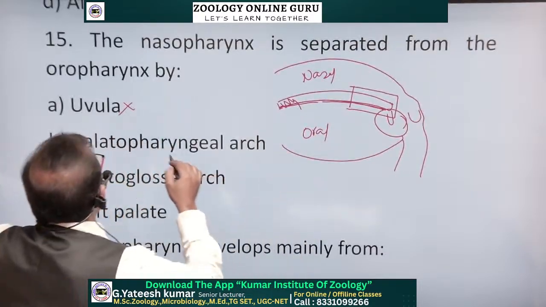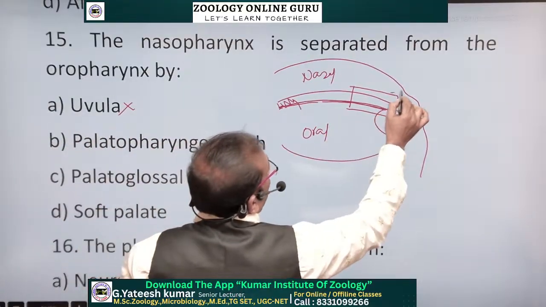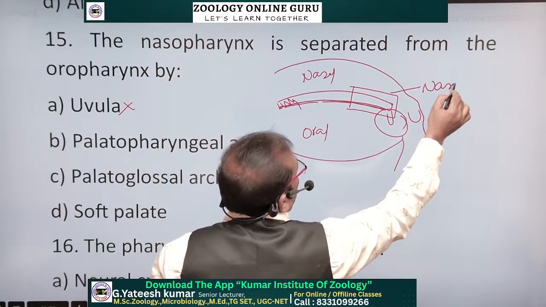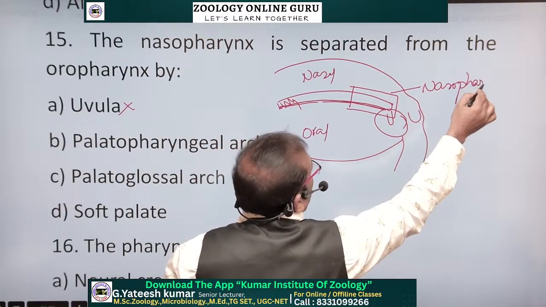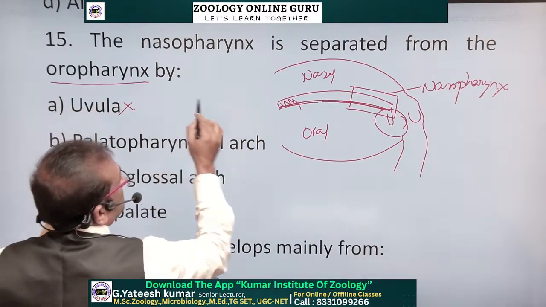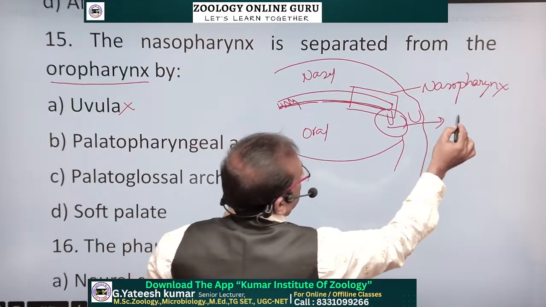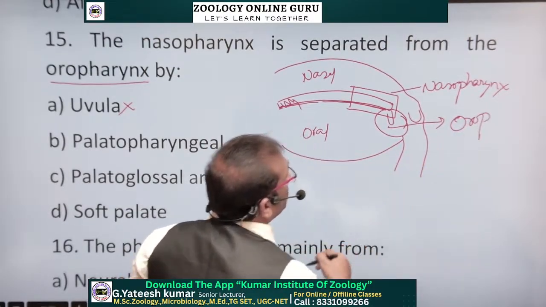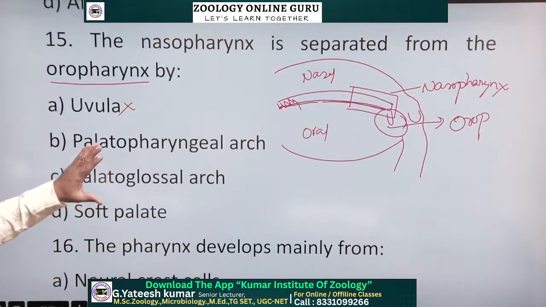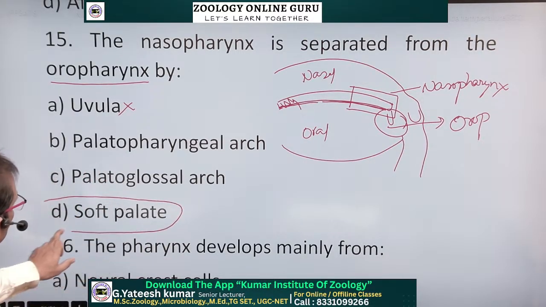The question is about the nasopharynx. This is the nasopharynx, and this is the oropharynx. So the nasopharynx and oropharynx are separated by the soft palate.